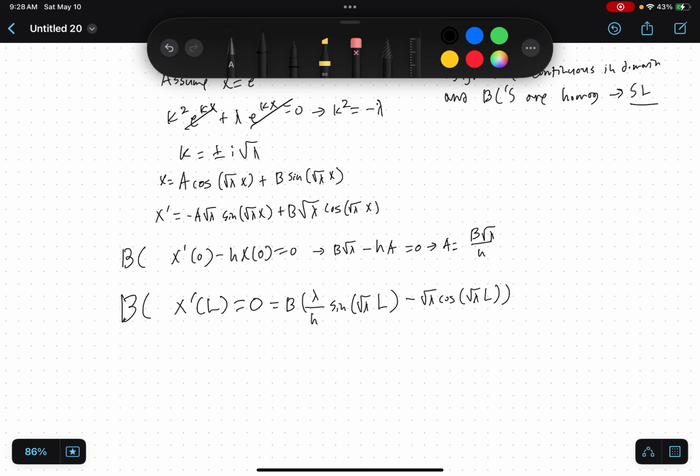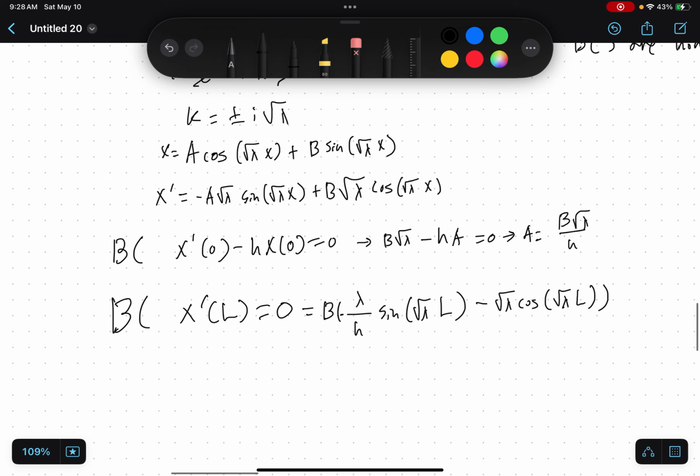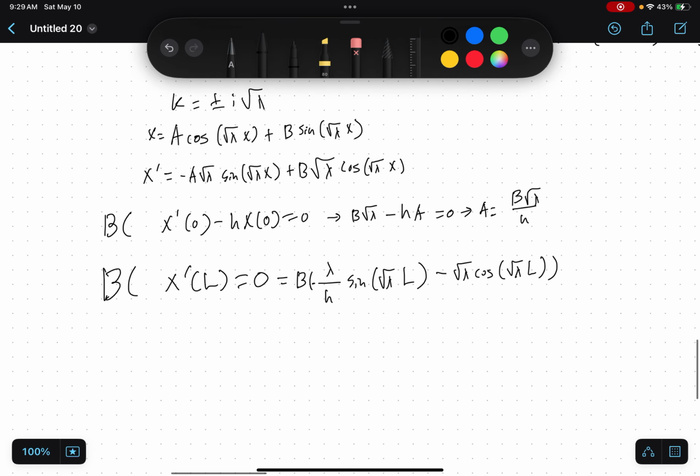I think there is. I think that I'm supposed to have a minus right there. Anyways, it doesn't really matter.